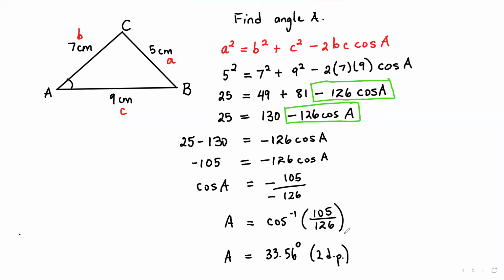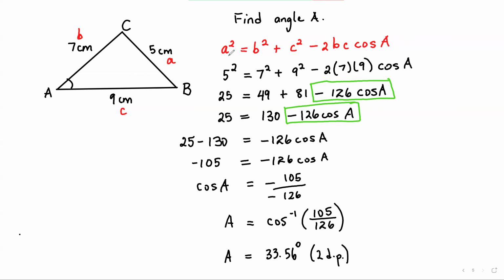Right? So let's go through it again. I need to find angle A. So I have to use the variation of the rule where A is the subject, right? So it will be A squared is equal to B squared plus C squared minus 2BC cos of A. So I substitute my values in there.